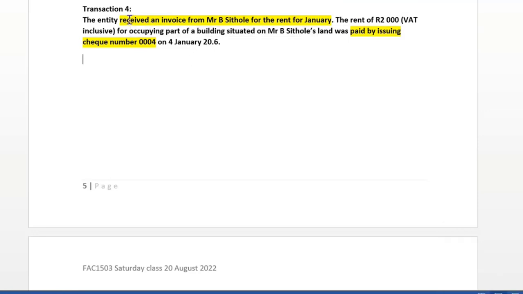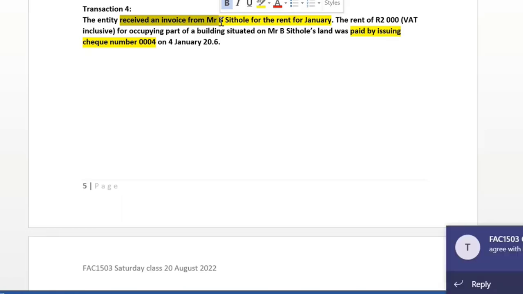So basically, yes, Desiree, they are being billed for rent, so they are paying by check. So BS Electrical is paying by check, therefore the rental space. They are paying. So they are paying an expense. So what are the source documents?